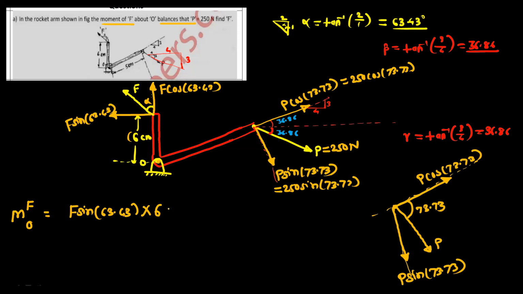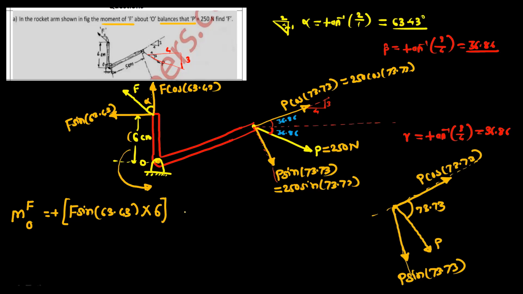So this is 6. Now this moment is anti-clockwise. You can observe this sense of rotation. So it is positive.